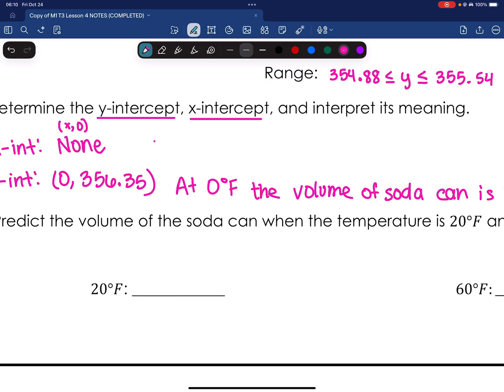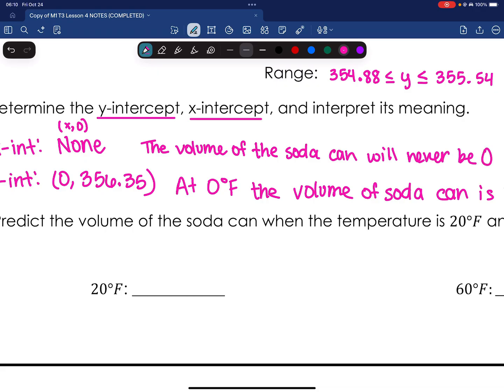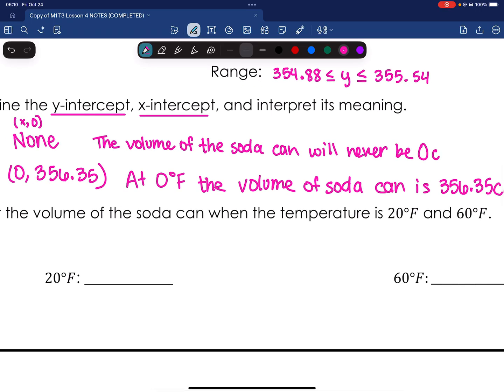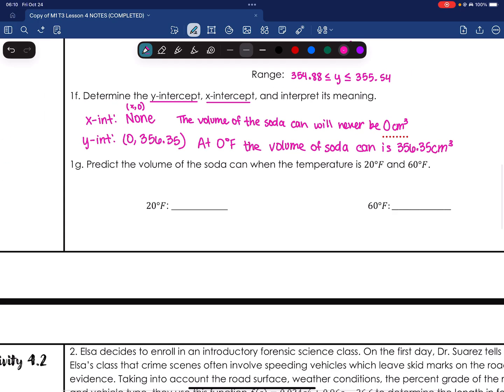So the volume of the soda can will never be 0 centimeters cubed. Again, there's no temperature that's going to cause that to happen.